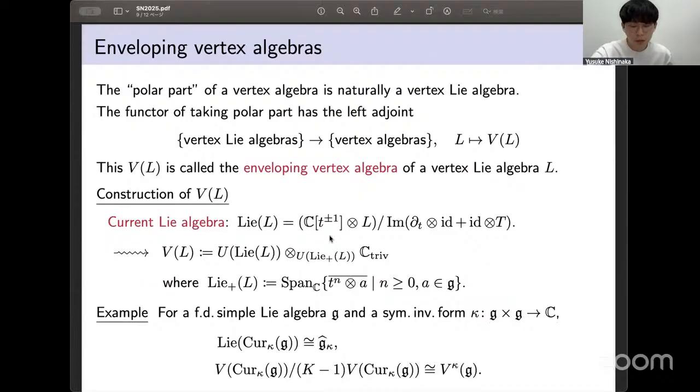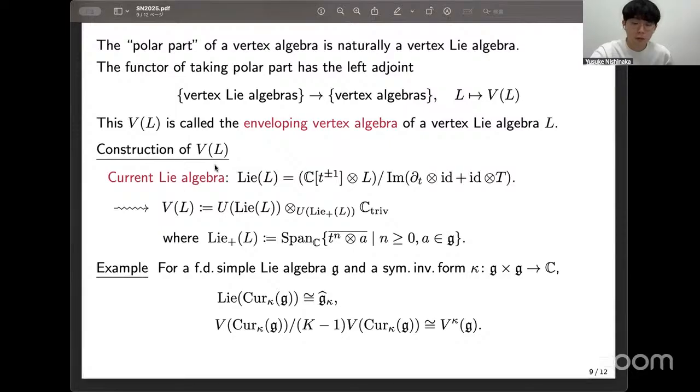As we saw from the introduction of vertex Lie algebras, a vertex algebra naturally gives rise to a vertex Lie algebra. This construction defines a functor which has a left adjoint. The vertex algebra B(L) obtained this way is called the enveloping vertex algebra of L. To construct B(L), we first define a linear space as this quotient space.